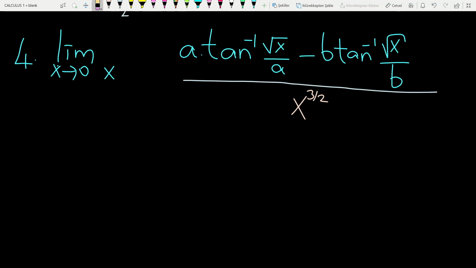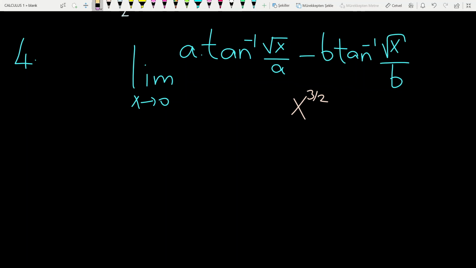Let me clear this part. I rearrange the question. Let me write the limit here. x goes to 0. So it is the question, right? When x goes to 0, the denominator goes to 0, and the numerator also goes to 0.